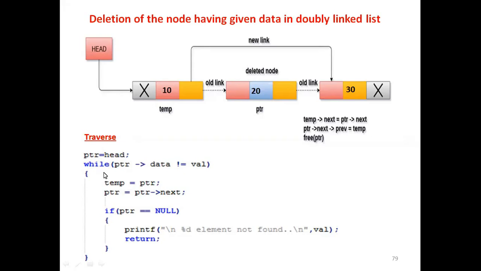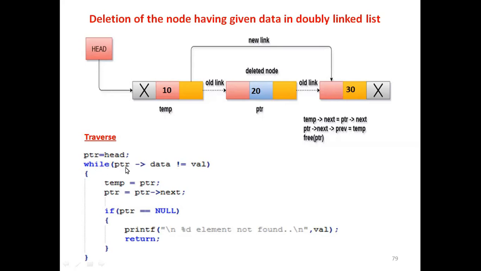And then we're checking while PTR arrow data is not equals to val. What is val? Val is the value that we are matching, the data item value. So in this case, the value is 20. So where the 20 is not matching, we have to keep moving the pointers temp and PTR, and update their values.